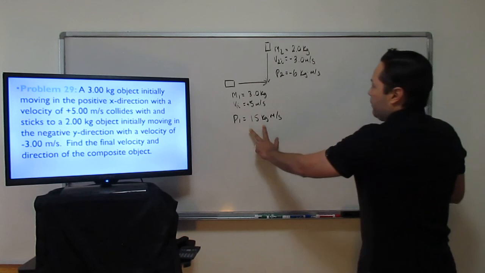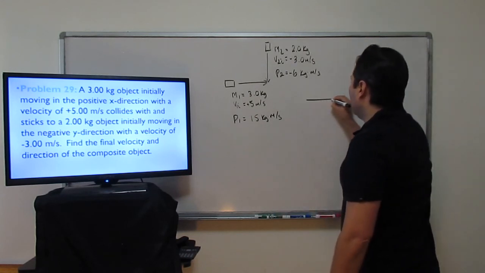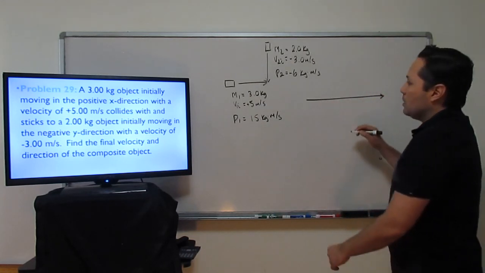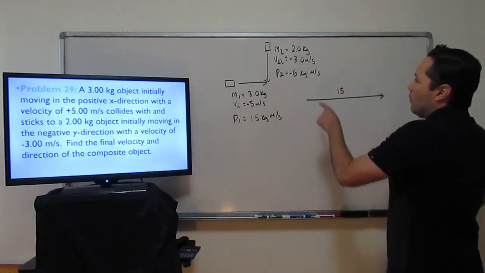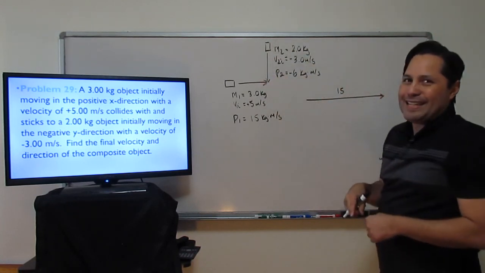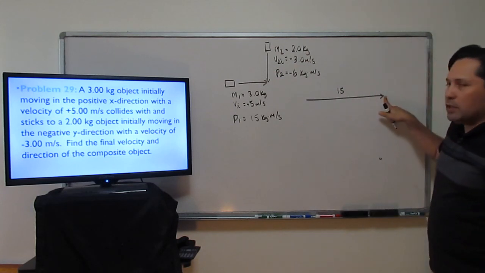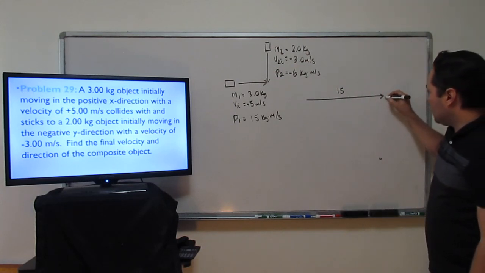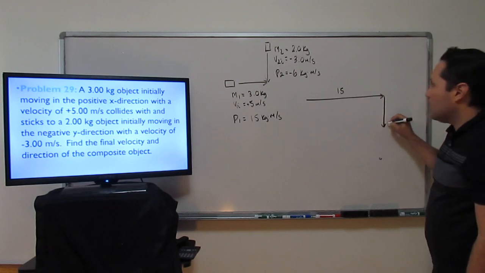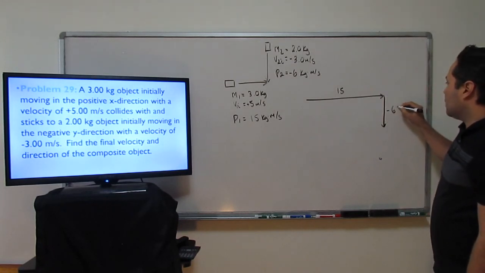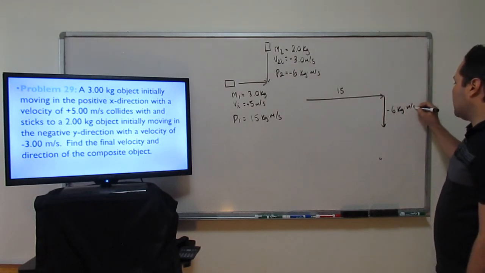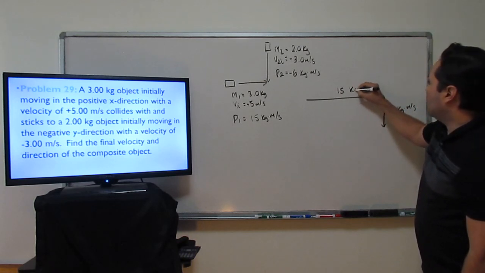My first arrow is 15 long, so I'm going to go roughly about that long. Its momentum is 15. For the object going down, I begin my next arrow at the arrowhead of this arrow. It's going to be down, and it's only 6 kilograms times meters per second in the negative y direction.